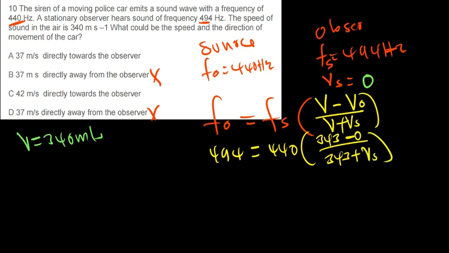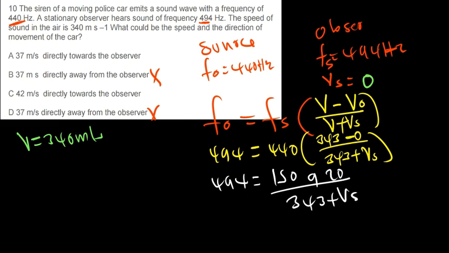So what we're going to have now, my dear, is 494 equals 440 times 343, which is 150,920, divided by 343 plus Vs. I can cross multiply.